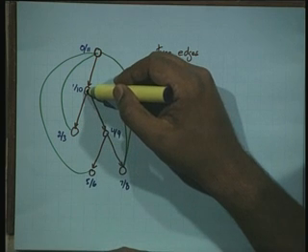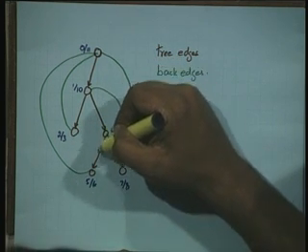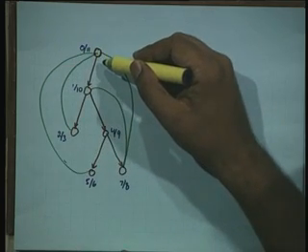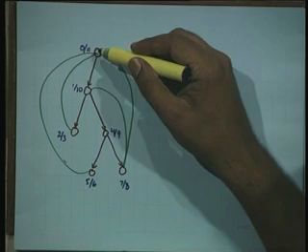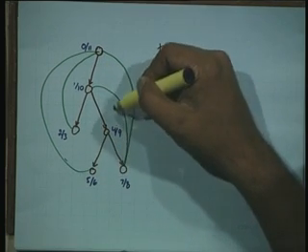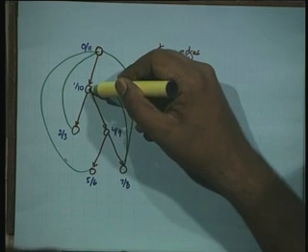So I backtrack. This is the option here, I come here, again this is an edge going back to a vertex which is already visited. So I do not go along this edge, I backtrack from here, I come here, this is an edge going back to a vertex already visited. So I do not go along this, I backtrack.